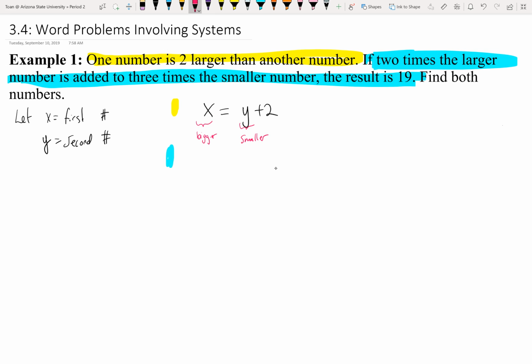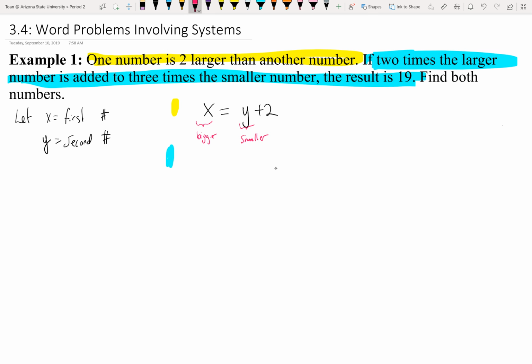If I plug y equals 7 into the equation, what does x equal? 9. 9 is bigger than 7. Does that always work for every y? Pick another y value. 5. If I plug in 5 for y, what do I get for x? 7. Is 7 bigger than 5? Yes. So you can see that in a few examples, if you plug in random numbers, x will always be bigger than y, based upon how we wrote the equation.